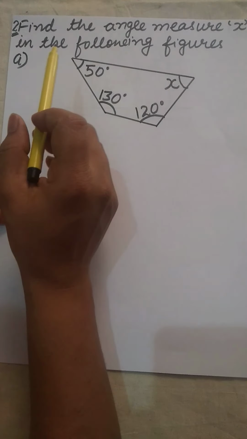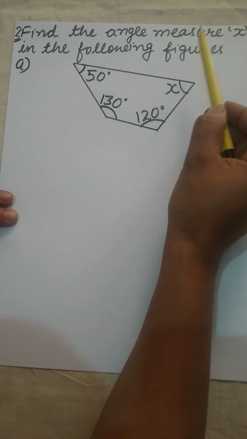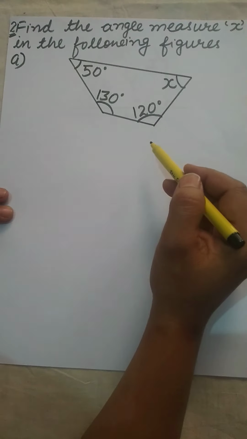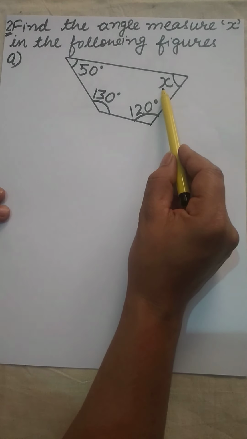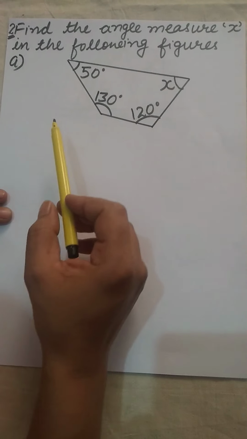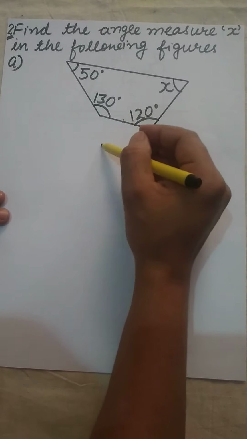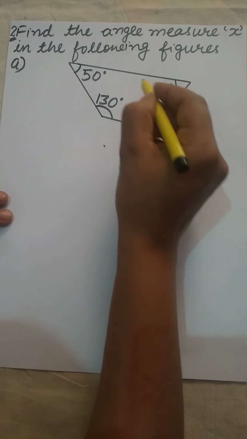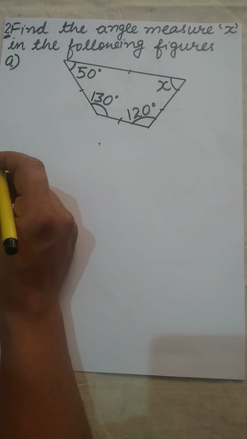Next question is, find the angle measure x in the following figures. Students, in this question the figures are given from which we are to find out the value of x. Now you can see that this figure is having 4 sides and we know that the sum of angles of a quadrilateral is equal to 360 degrees.